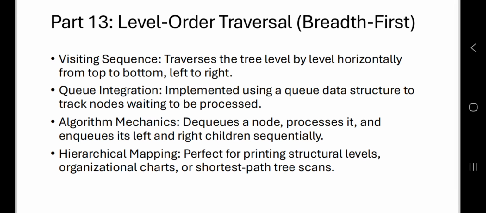This requires queue integration, implemented using a queue data structure to track nodes waiting to be processed. The algorithm mechanics are straightforward: dequeue a node, process it, and enqueue its left and right children sequentially. It is perfect for printing structural levels, organizational charts, or shortest path tree scans.